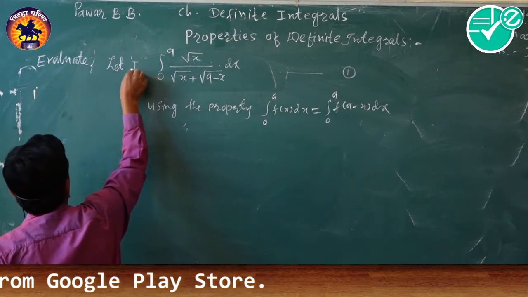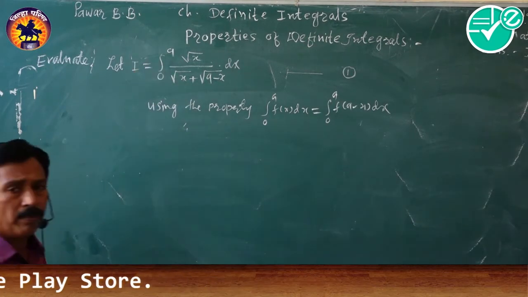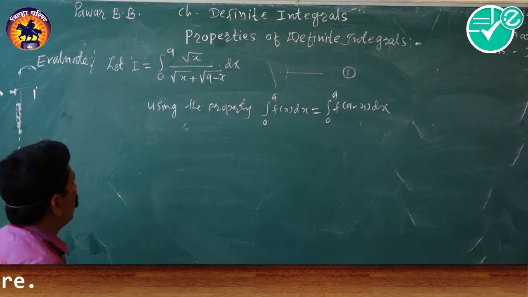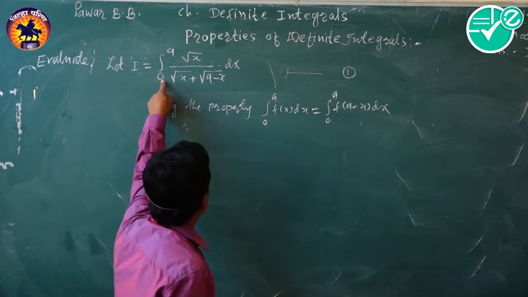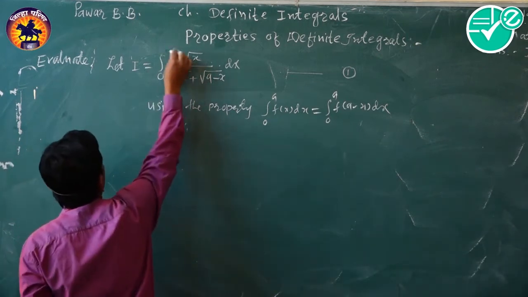Again consider let I is equal to this. Now here the limits are 0 to 9.